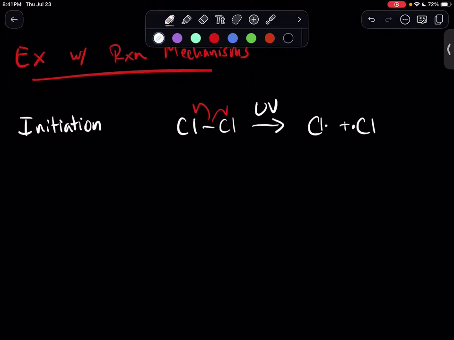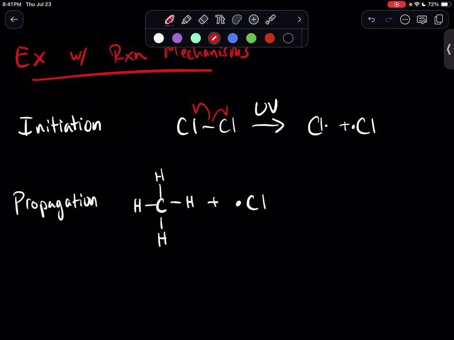Once we have our radical, we can move on to our propagation step. And so we might look at that methane reaction we saw earlier, where we have methane plus a chlorine radical. Now, this is where we really want to get used to using these fishhook arrows to show the reaction mechanism.